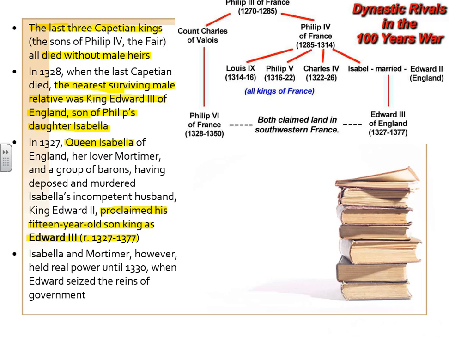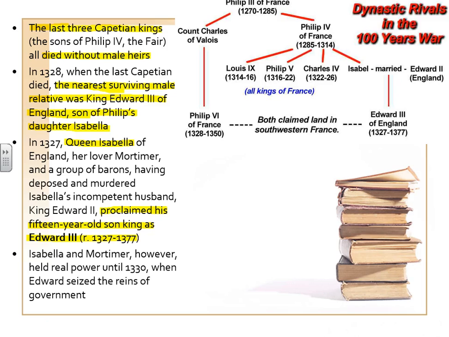So what we see is that Philip does indeed have a daughter, and Isabel is her name, and she's married to the English king. And through some intrigue, Isabel and her lover, Mortimer, murder Edward II, and this allows Edward II's son to ascend to the throne, and he will be known as Edward III.